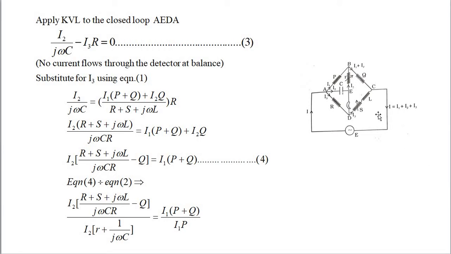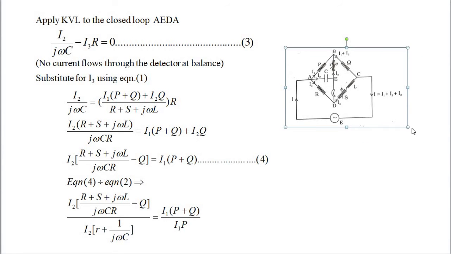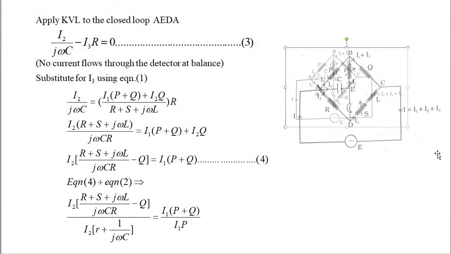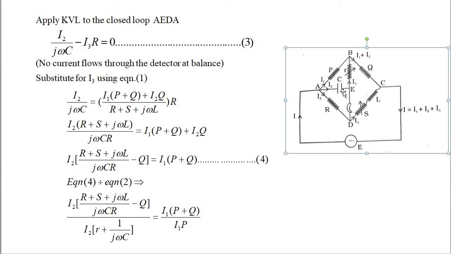Again, when we apply the Kirchhoff voltage law to this circuit, that is AEDA. So that is minus I2 into 1 by C omega, j into C omega.